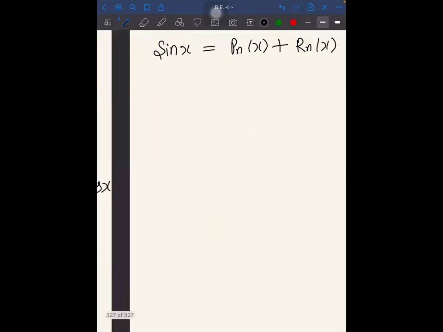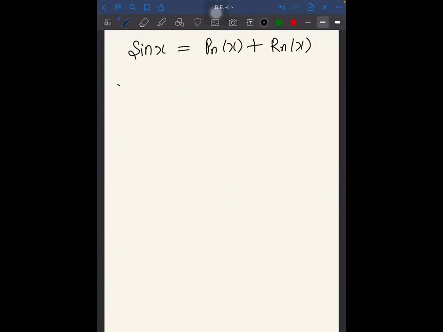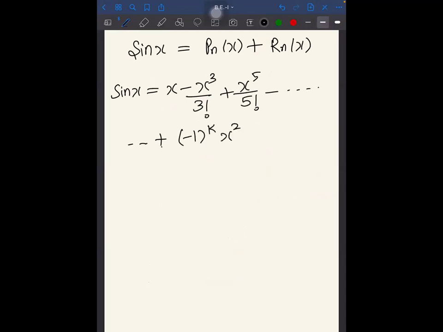So here you need to take n as 2k+1. So you can always write sin x as x - x^3/3! + x^5/5! - and so on, up to the last term (-1)^k x^(2k+1)/(2k+1)!, plus R_(2k+1)(x). So why am I taking n to be 2k+1? Can anybody tell me?